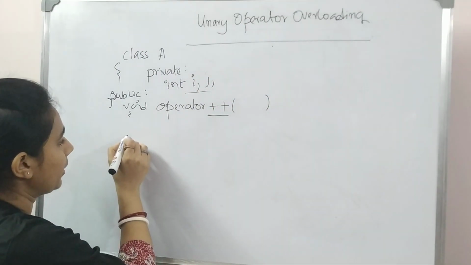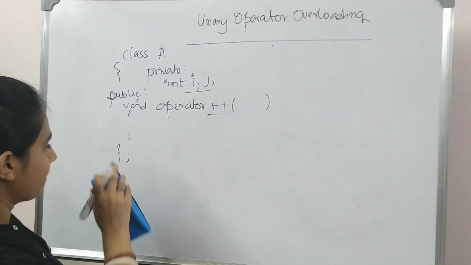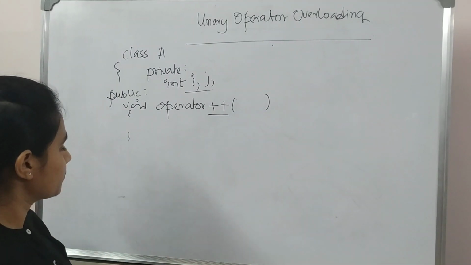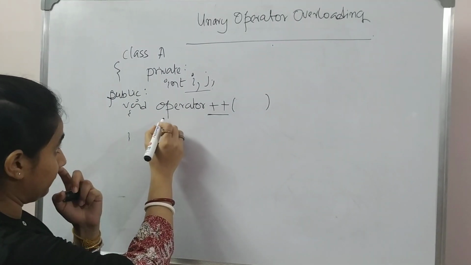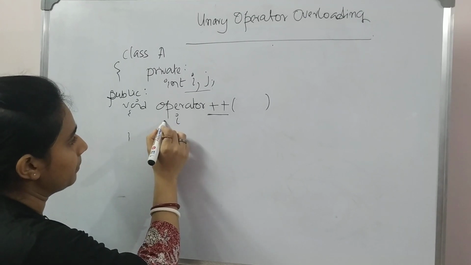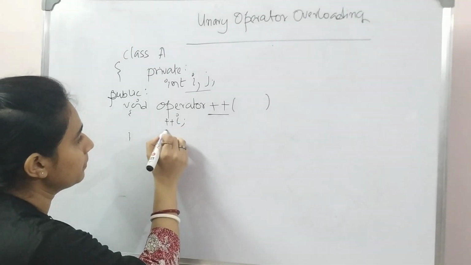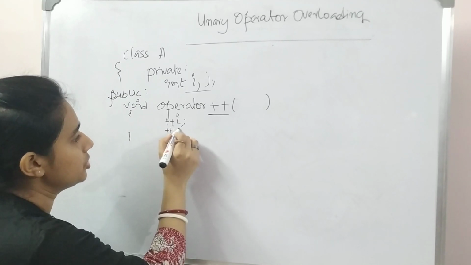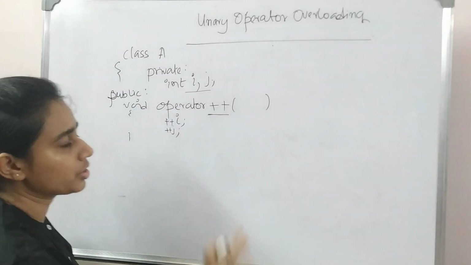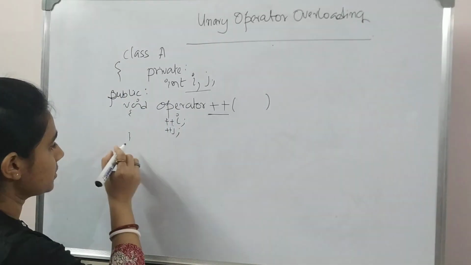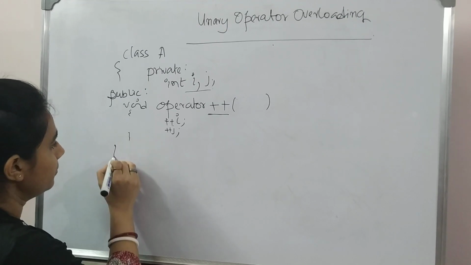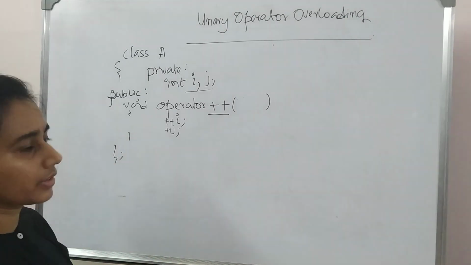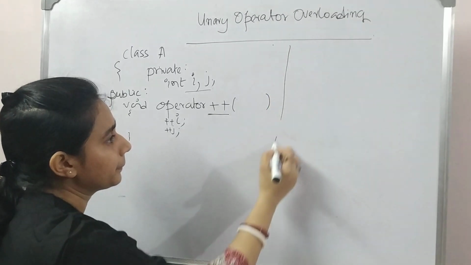Next I am going to define it. The definition is ++i and ++j. Okay, this is the definition of operator ++, and here I am ending the definition of the class. Fine.